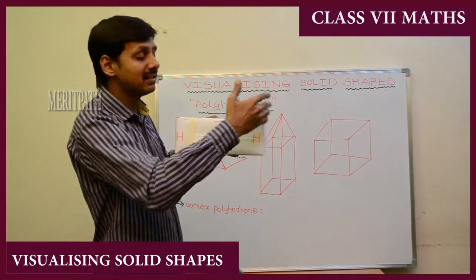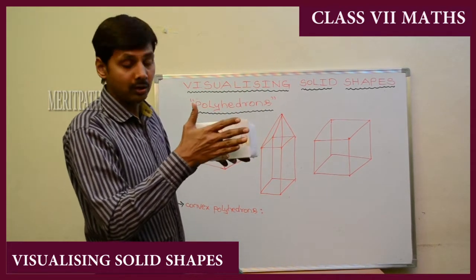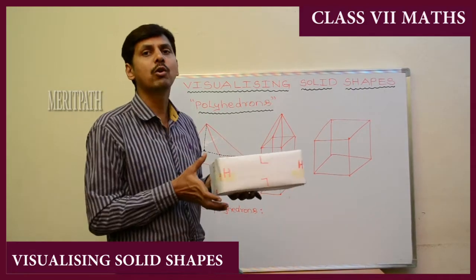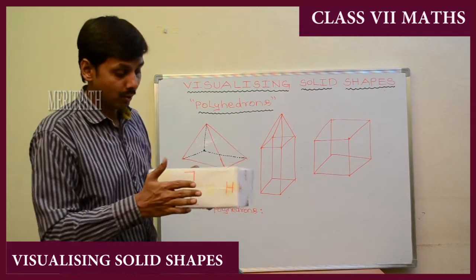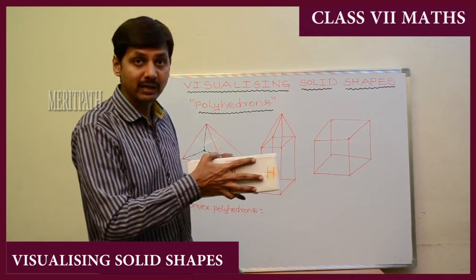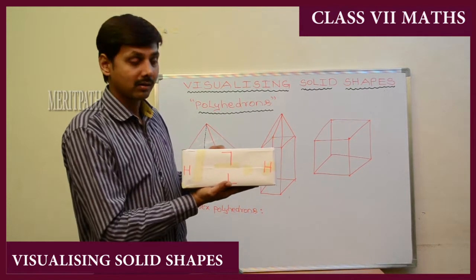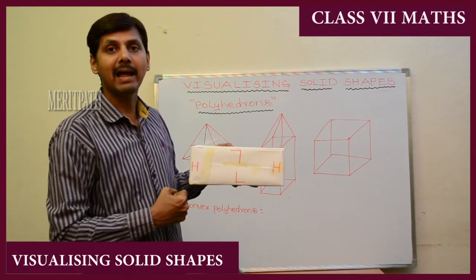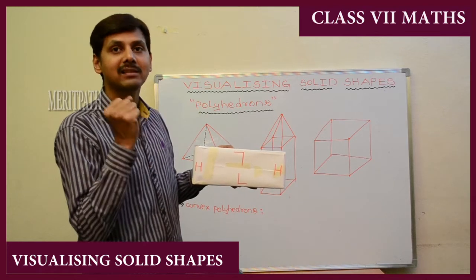And let's see the lateral sides beside. After 4, 5 and 6. Let's recall again: 1 and 2, this side 1 and this side 2, 3, 4 and 5, 6. So it has 6 faces. A cuboid has 6 faces.